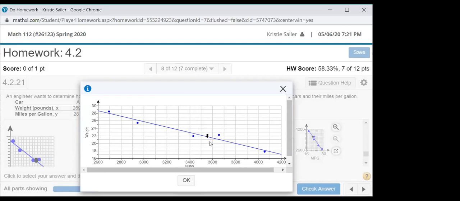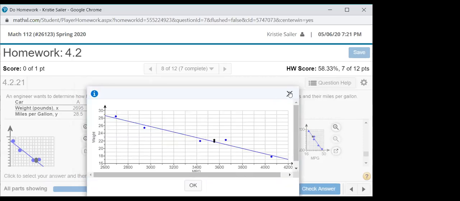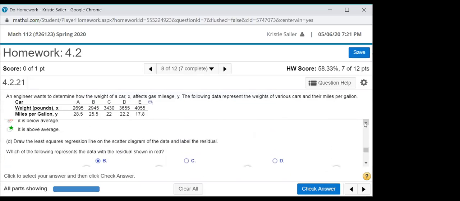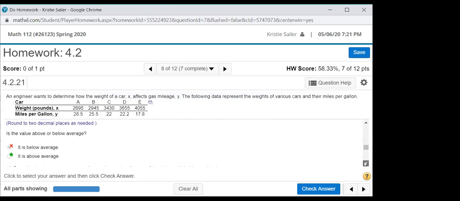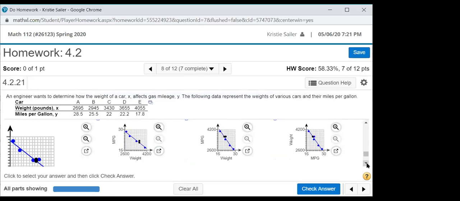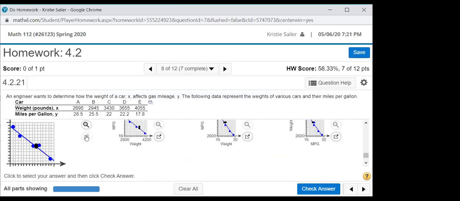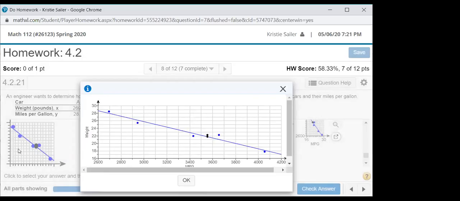Okay, and what they're calling red is probably that black thingamajigger there. I have to go back to the question. Which of the following represents the data with the residual shown in red? So my residual was 1.16 miles per gallon. It's not going to be the last two because that's not in the right spot for the X. Weight and miles per gallon.